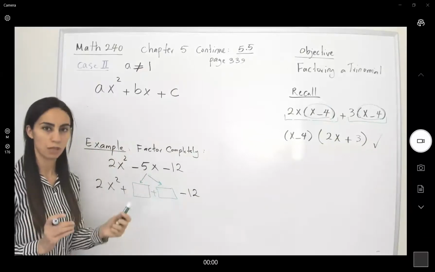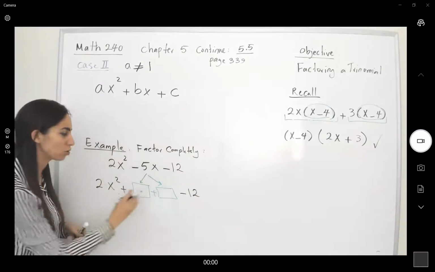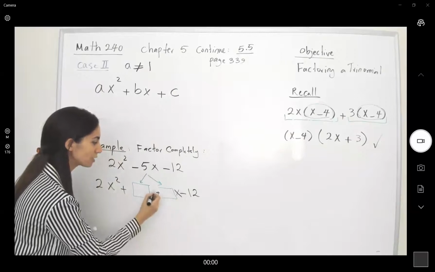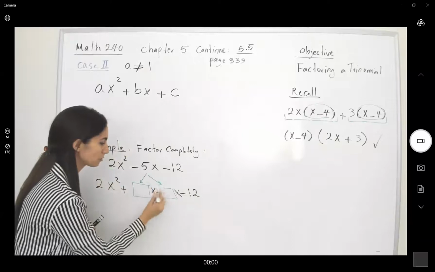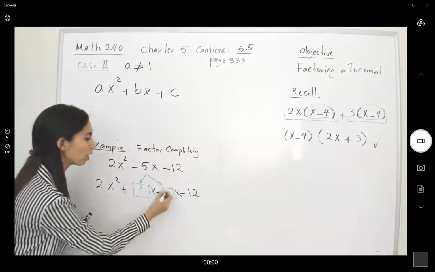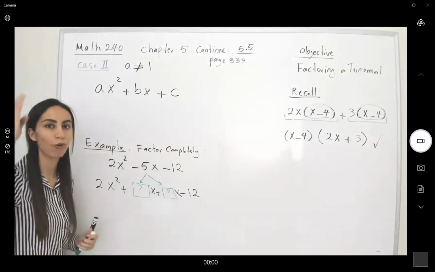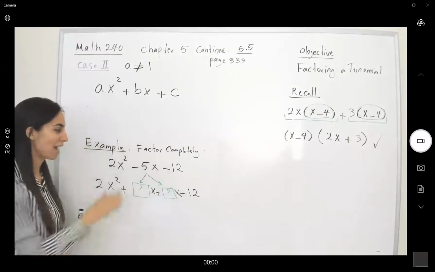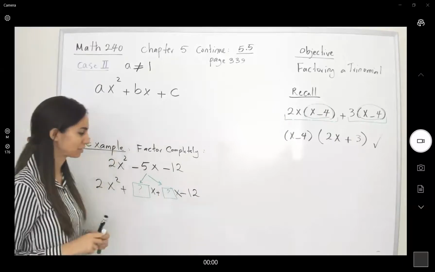You need a number times x plus another number times x. So let us add x's here, so you know that these are linear terms. You're looking for these two numbers. Note that I'm trying to get 4 terms. I had 3 addends, and now I'm trying to create 4 addends.